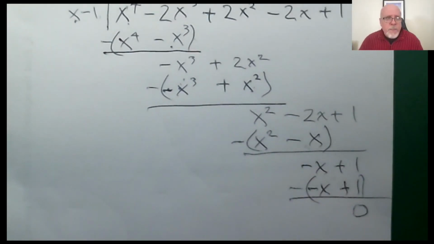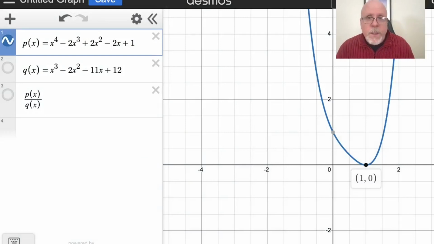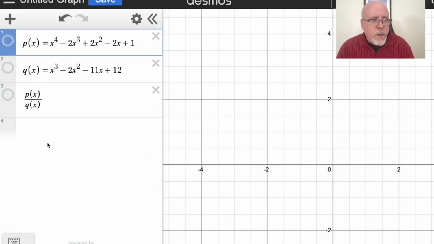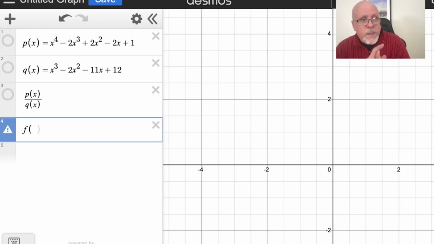Cool. Well, that means I now want to return to my Desmos and see about that polynomial. I'm going to turn this guy off and plot, I don't know what to call it, f of x, I guess. It's what we get when we take p of x and divide it by x minus 1.